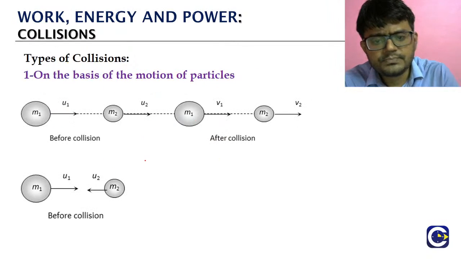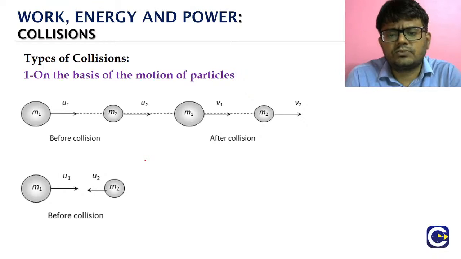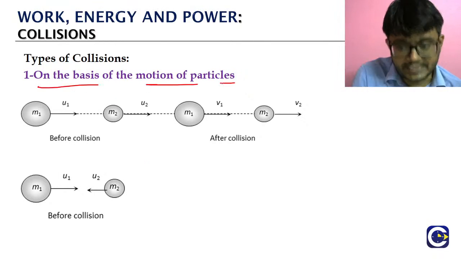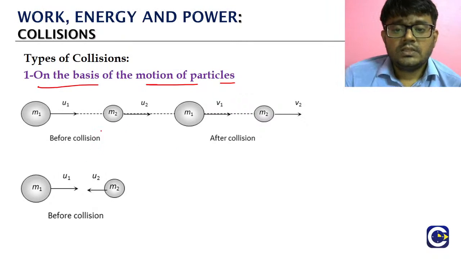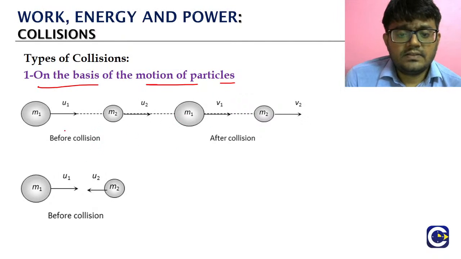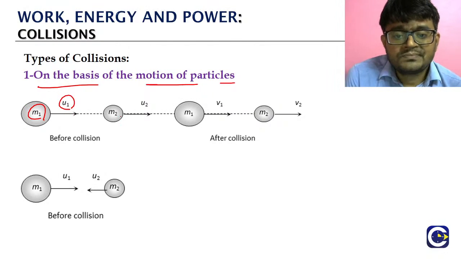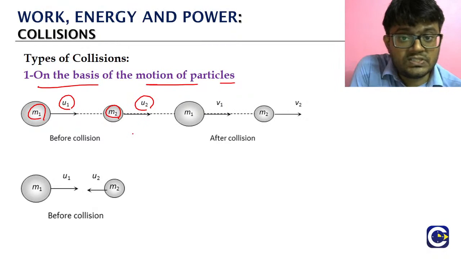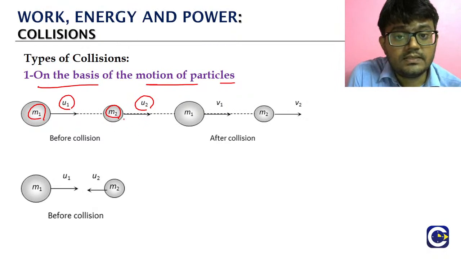Now the first basis: based on the direction of motion of particles. Look at the example here. The m1 is moving with a velocity u1, and m2 is moving in the same direction with a velocity u2. The directions of the particles are in the same line.